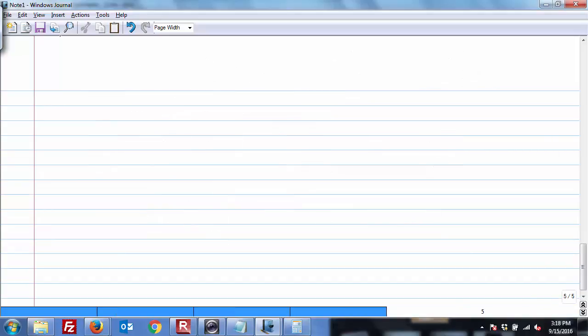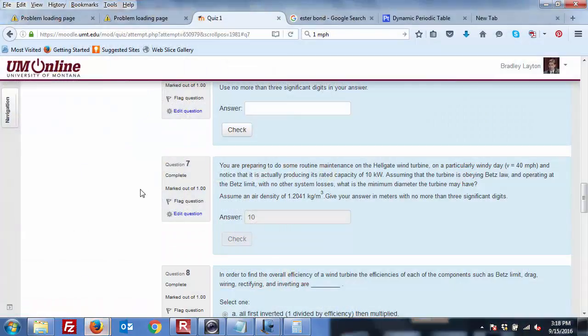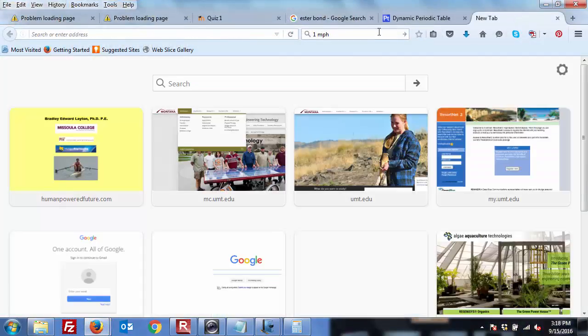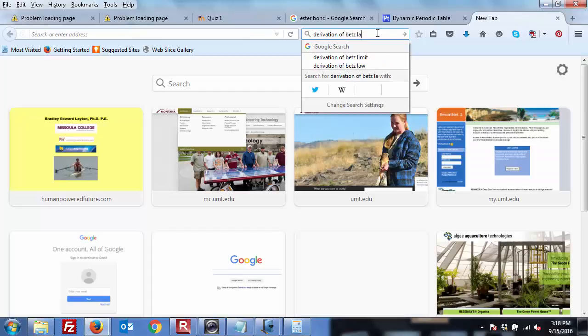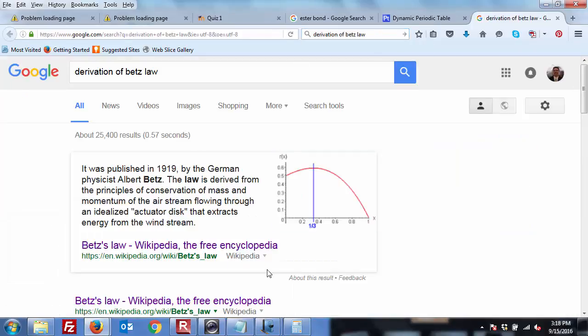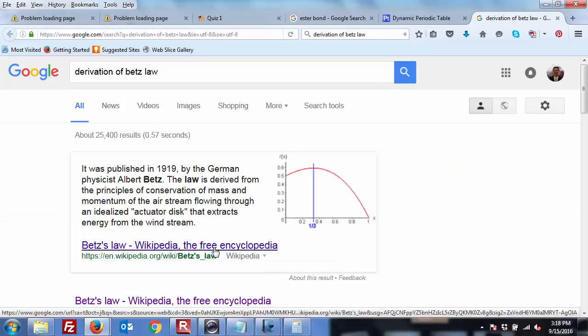59%. Okay. I think it's something like 16/27. There's a specific, and I really do like the derivation on Wikipedia.